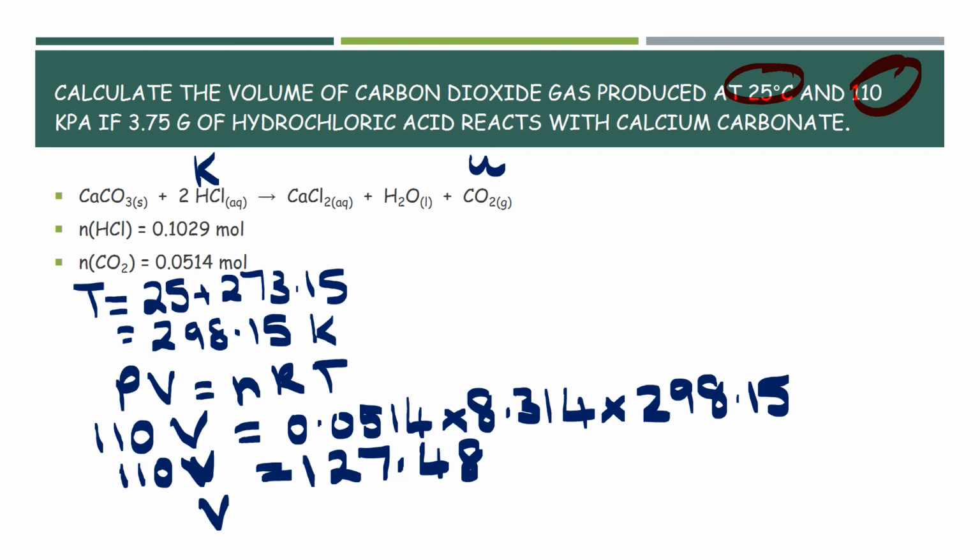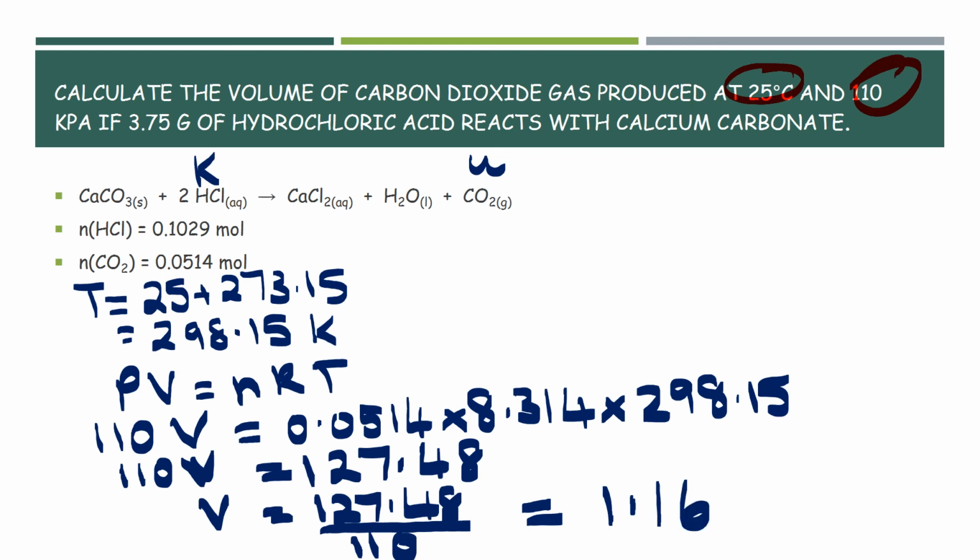So the volume equals 127.48 divided by 110, which equals 1.16 litres. Checking significant figures, you can see that the original quantity was in 3 significant figures, and our final answer is in 3 significant figures.